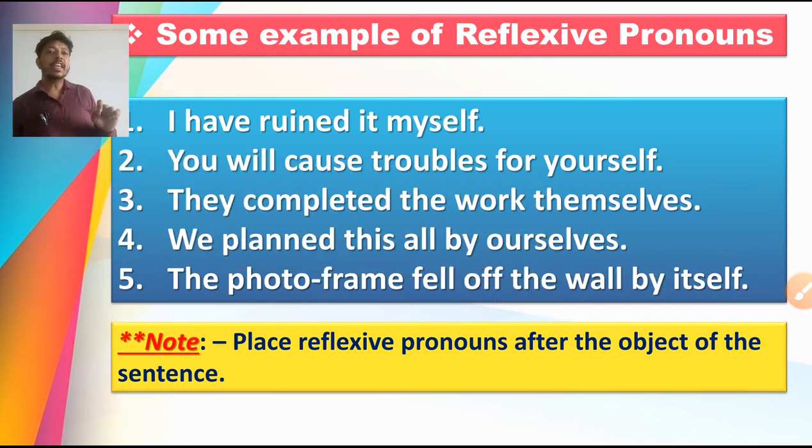Yes, if there is some particular object, but in the previous slide, in the previous page, we saw there was no such object, so I told you to pen through the rule. But if there is any particular object in that very sentence, then only can you place the reflexive pronoun after the object.